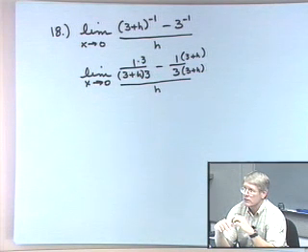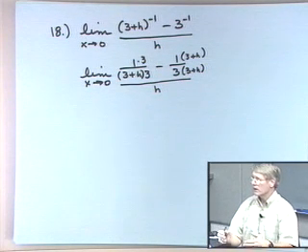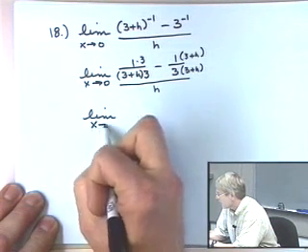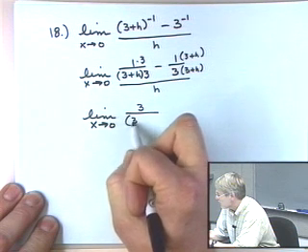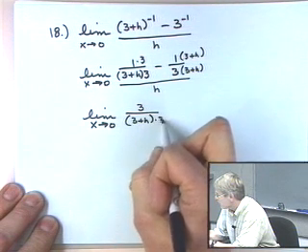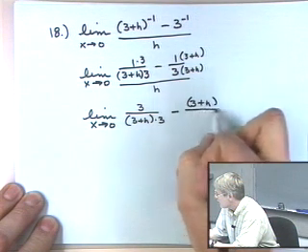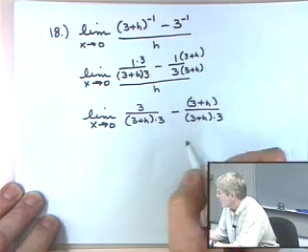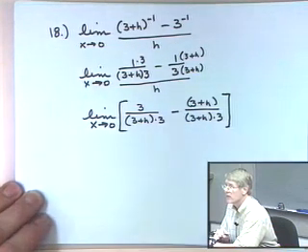Is that legal? 3 over 3 is also 1. So anytime you multiply by 1, that's legal. So that makes the numerator 3 over, you can skip this step, by the way. That's the numerator. Everybody agree with that?